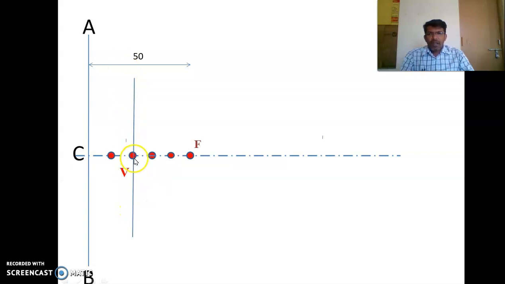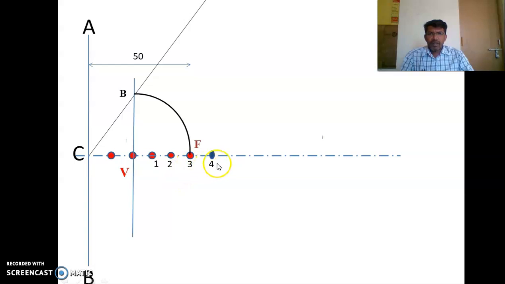Now take the radius as VF and draw an arc. Name it as B. Now join this CB line. Afterwards, name these points on the axis as 1, 2, 3, 4. Let us take 4 points.